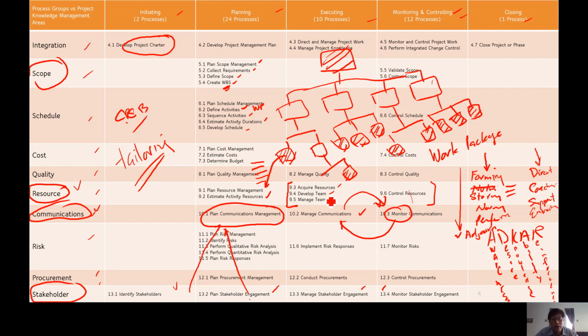We develop the team, we manage the team as time goes by and under executing. You ask them, what went well, what went wrong, is there anything we can support you with, so that they can perform the work well without any lack. Maybe sharing resources, whatever that may be, to help each other out.